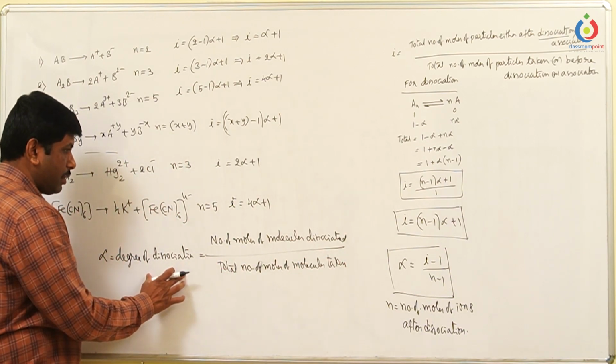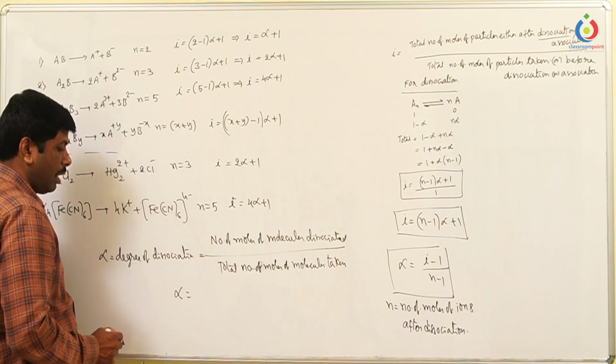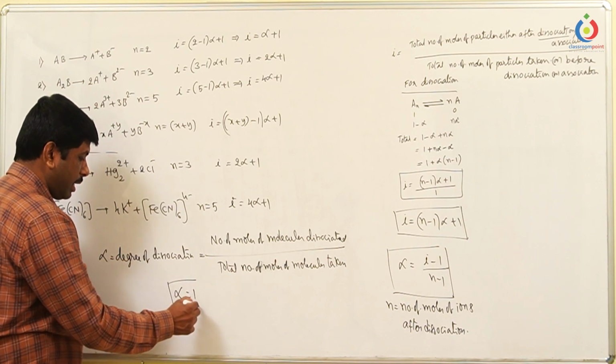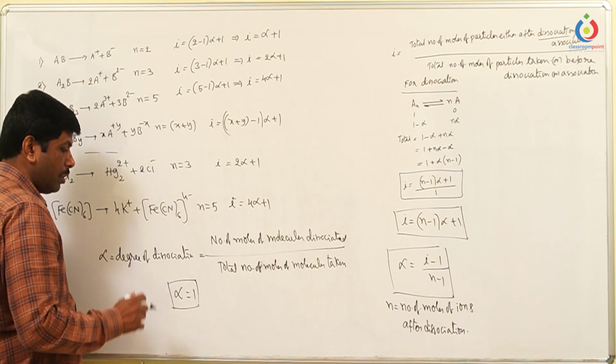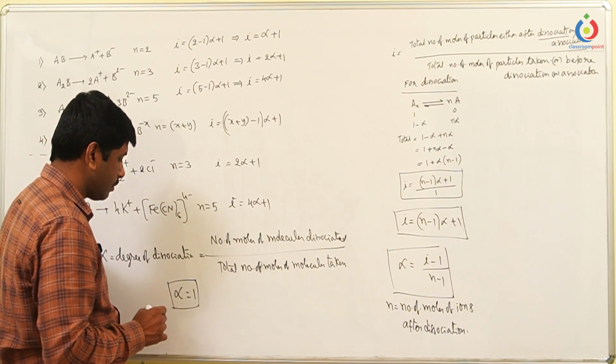So this is the degree of dissociation, but usually in the examination they give the percentage. The alpha value is at most 1, the highest value is 1, so you should not take more than 1. One in the sense that 100% dissociation has happened.